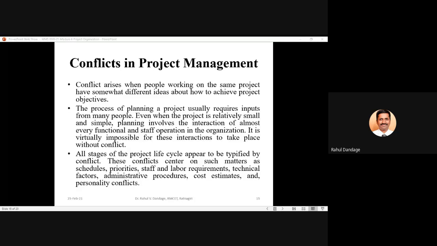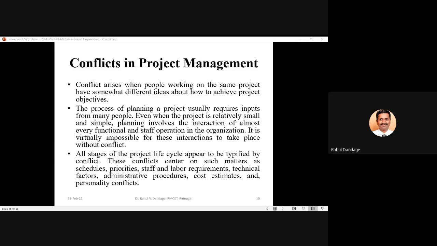So there will always be certain differences, and whenever these differences are there, when people are working in a project team, the differences may be between two persons, or between two functional departments, or between two organizations who are working together for a particular project.